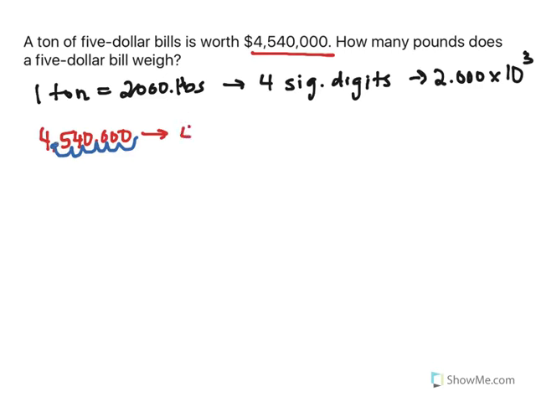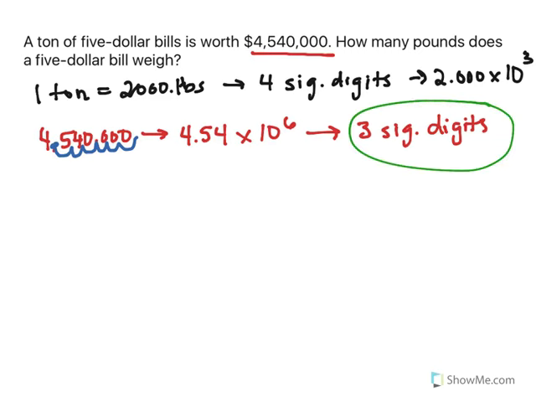We get 4.54 times 10 to the sixth. This number has 3 significant digits. So we know that at the end, our final answer should have 3 significant digits, since it's the smaller of our 2 original numbers given in this problem.